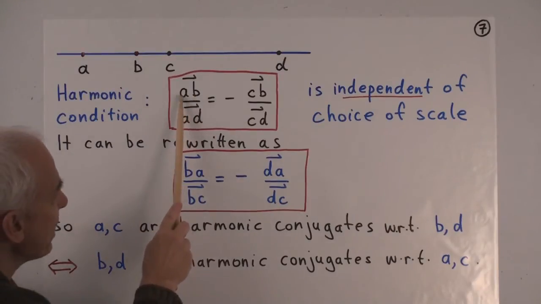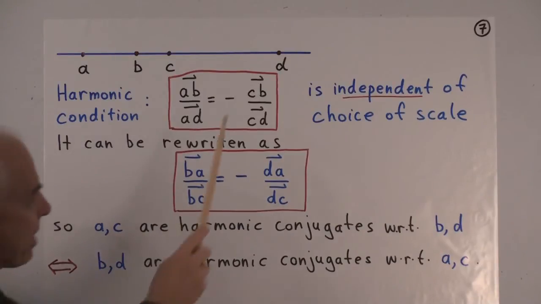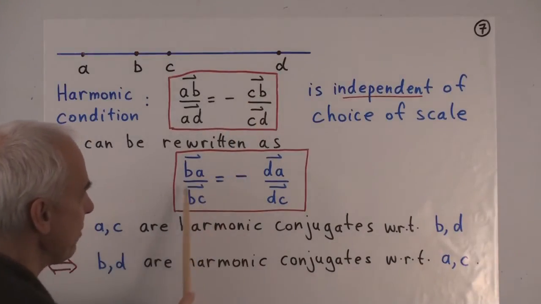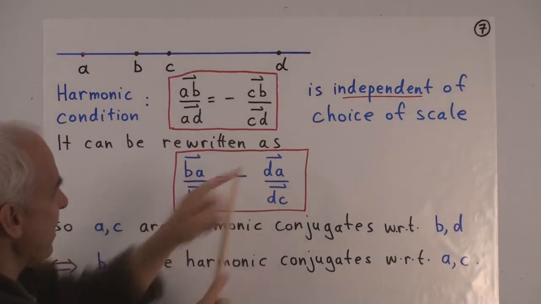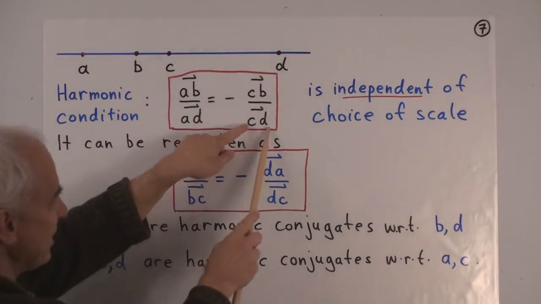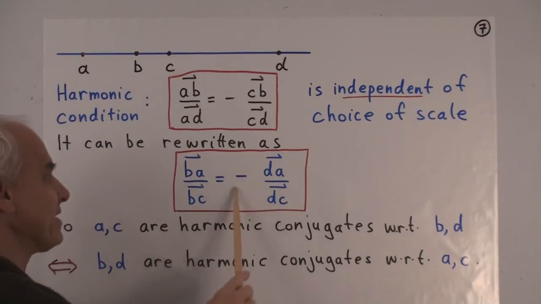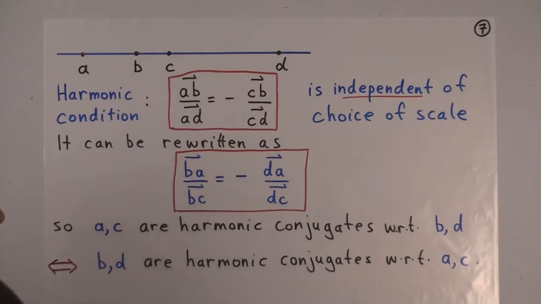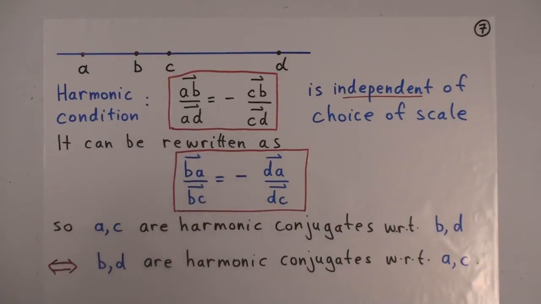When I replace AB with BA, I'm introducing a minus sign. And when I'm replacing CB with BC, I'm also introducing a minus sign, so they cancel out. And I'm replacing AD with DA, that introduces a minus sign, and CD with DC, that's another minus sign. So again, those minus signs cancel out, and we still have the same minus sign that we started with. So this is a valid rewriting of this.